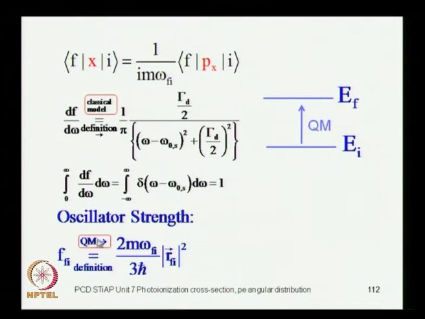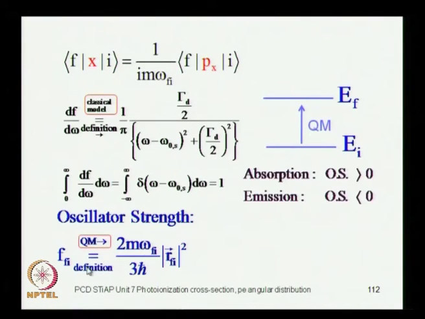Okay. So, this is the definition of the quantum mechanical oscillator strength, and in as much as the classical oscillator strength definition gave you an integral of the oscillator strength over all the frequencies to be equal to 1, in the quantum mechanical definition you have this omega, which is the difference between EF and EI.